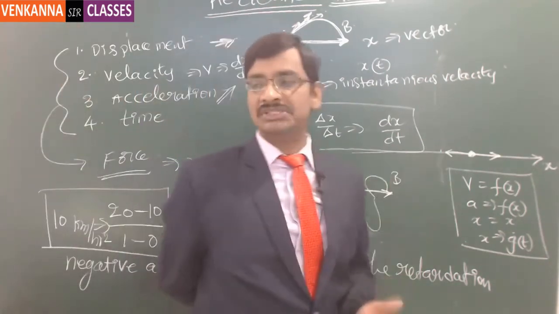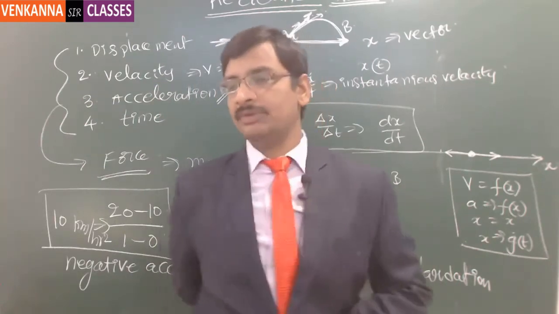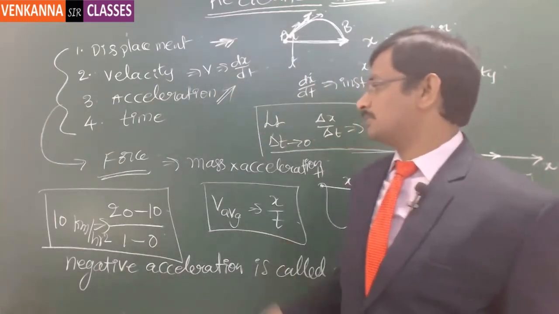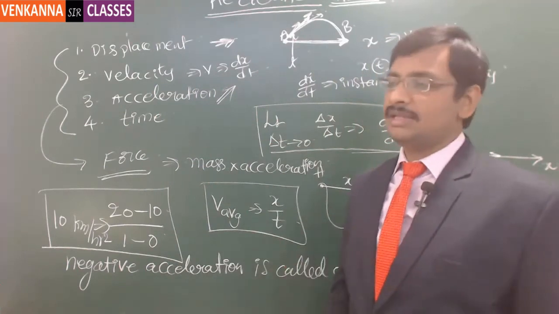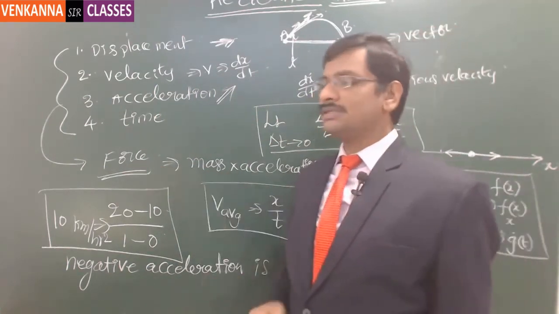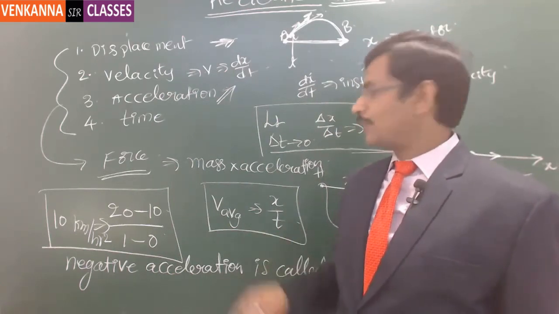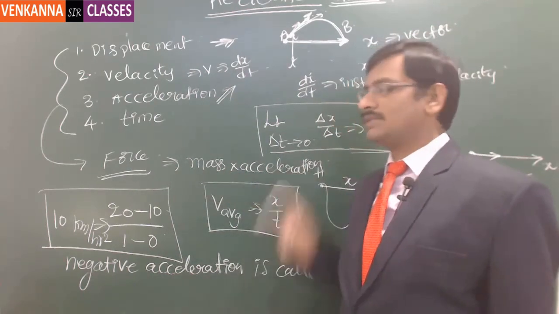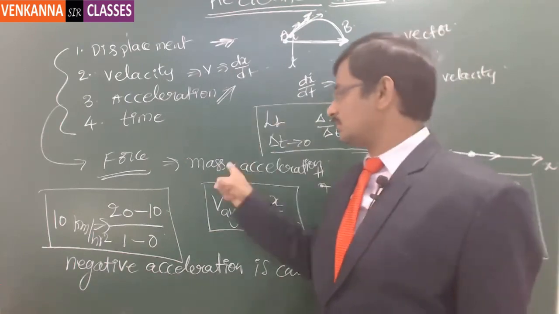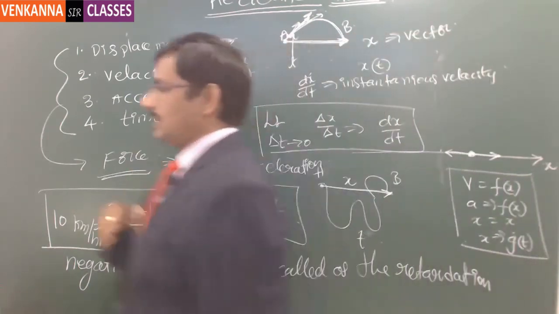We don't count change in acceleration with respect to time, right? Newton's second law says that force is nothing but the rate of change of momentum, and that gives a relation, mass into acceleration, right? First you note down this, we are going to bring this relation, and from there we'll proceed.